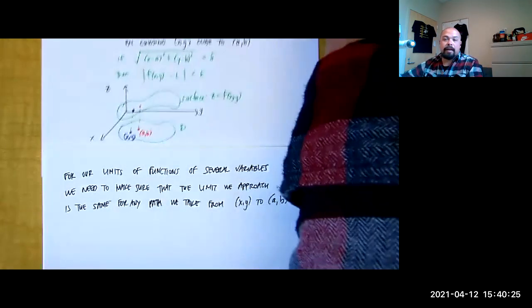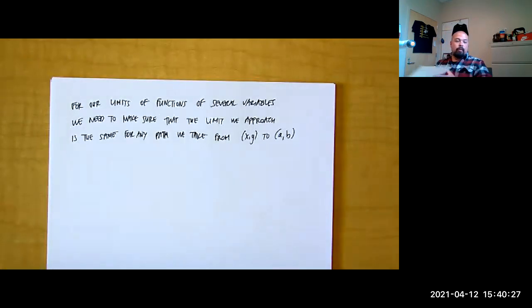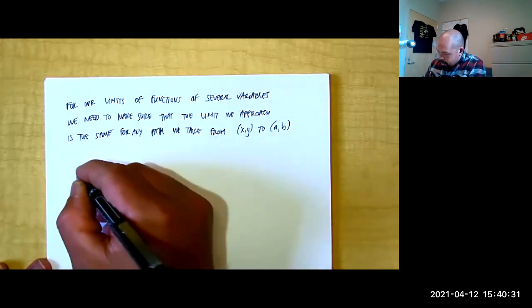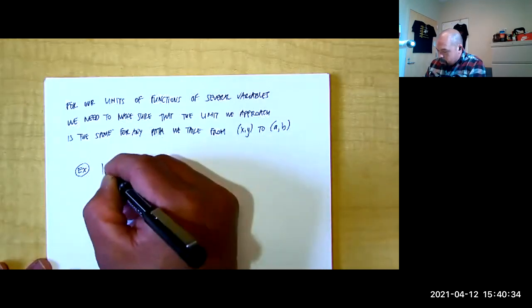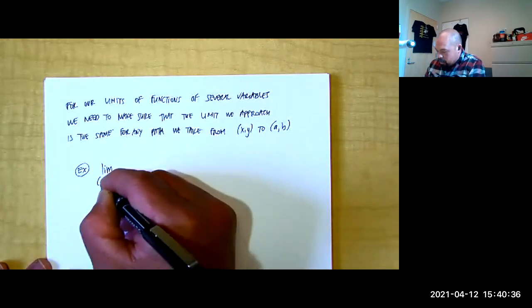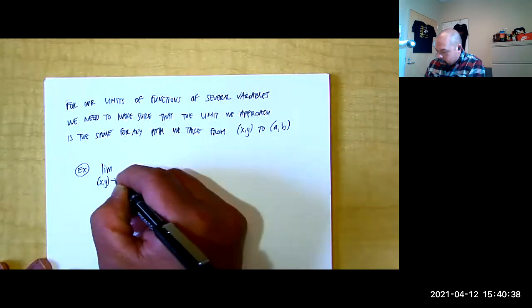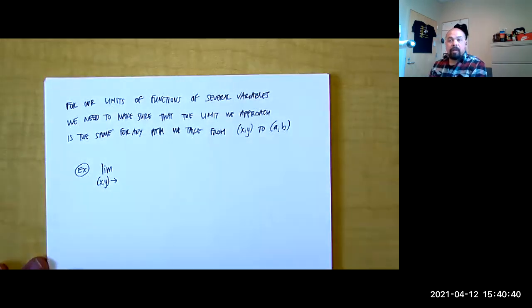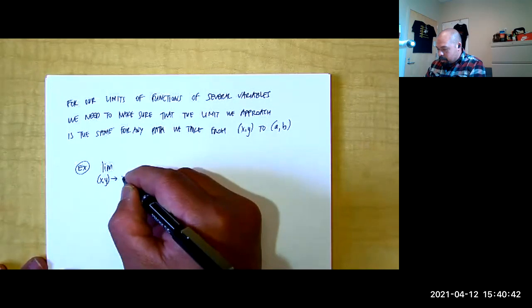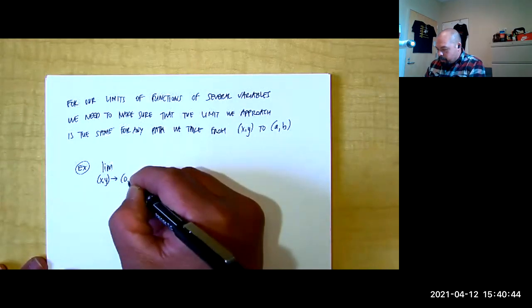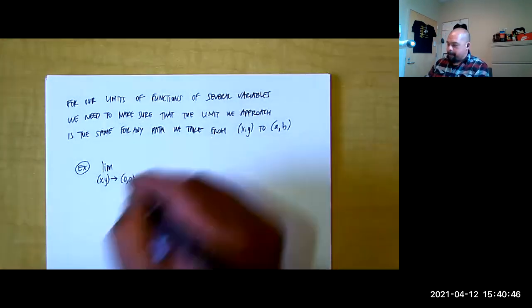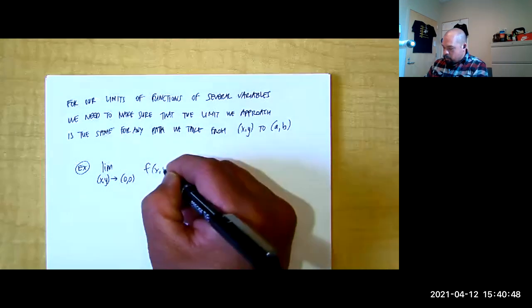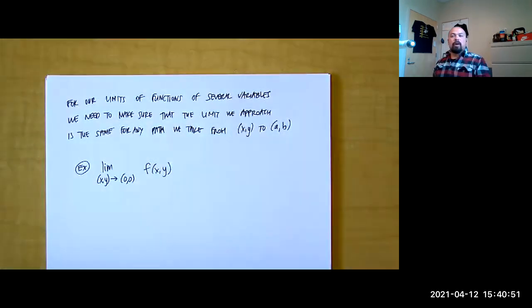right? So let's look at a generic statement for a moment, before we get a function involved. But as common practice, right, let's say we were approaching this point, the origin 0, 0, for some function, and we can fill that in with the next example, okay?